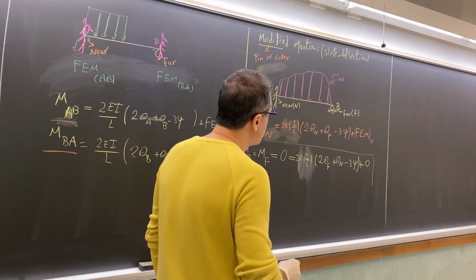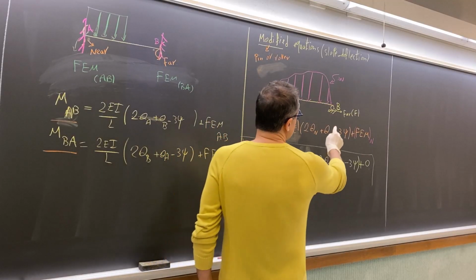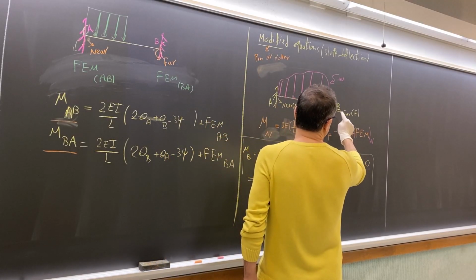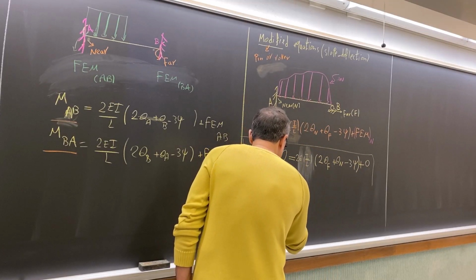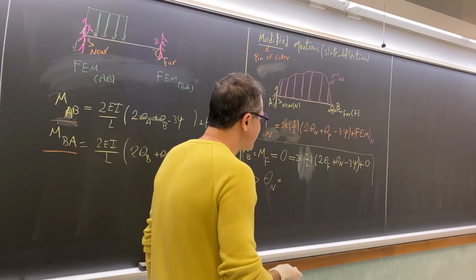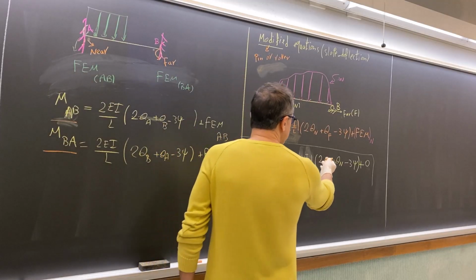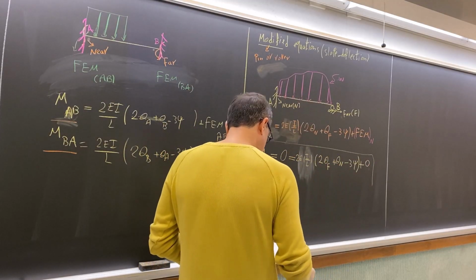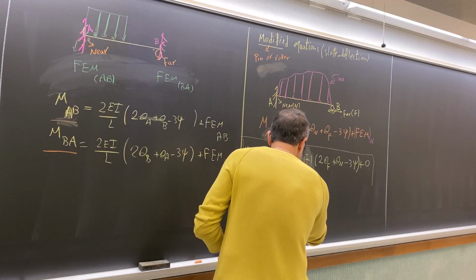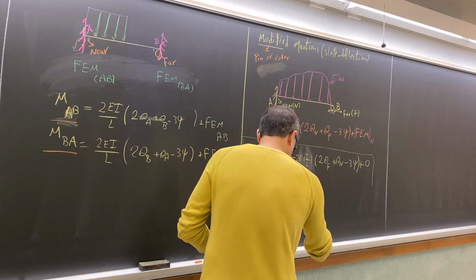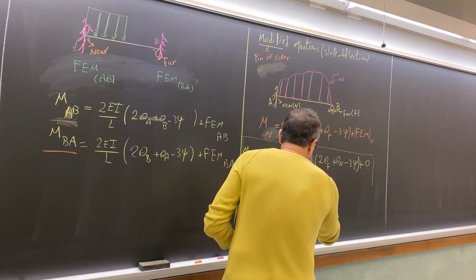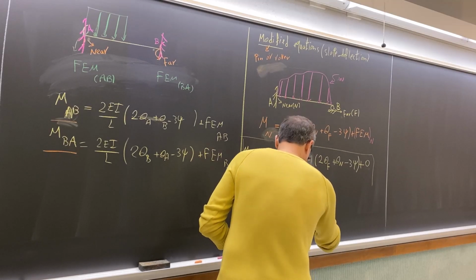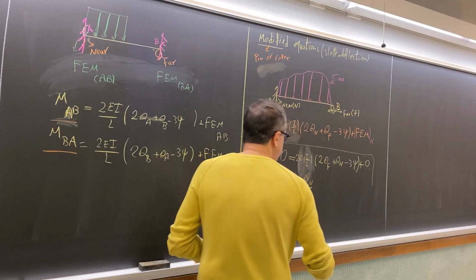Now, from the second equation, we are going to get rid of theta F, for B. So we rewrite this equation and we find theta F in terms of theta N and psi. So that is the answer: theta F equals (3 psi minus theta N) divided by 2.